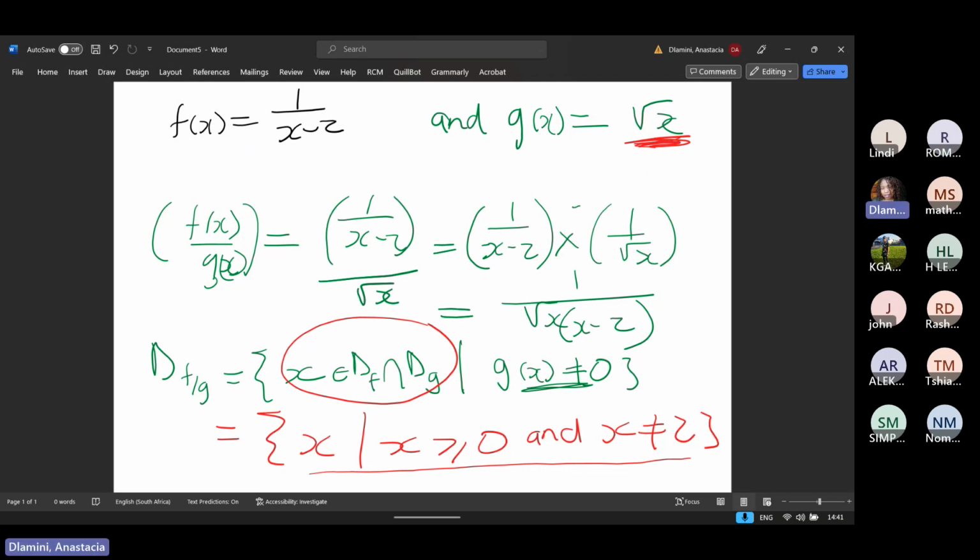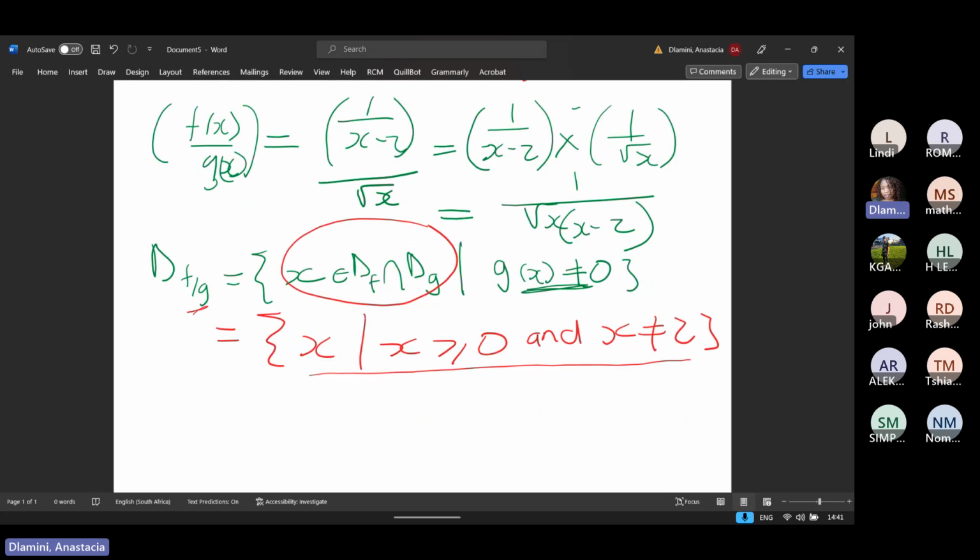So G of 0 gives me what? The square root of 0. It gives me 0. So they say take the intersection, the way you were taking it, of F plus G, F minus G, F times G, but for F divided by G, remove every value that makes the function G, because it's the denominator, equal to 0.